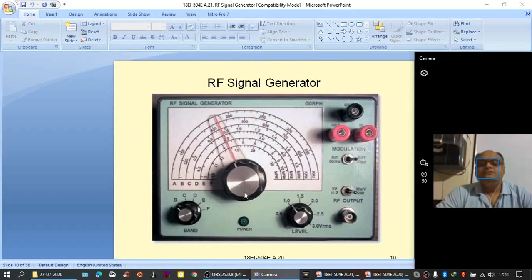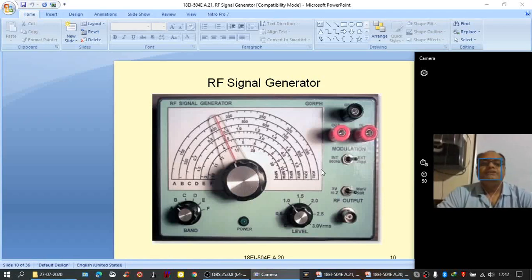Then this knob with a scale is used for continuous adjustment of the frequency, and straight away by rotating this you can read the frequency also on the calibrated scale. This is in terms of frequency. Please don't get confused with amplitude.